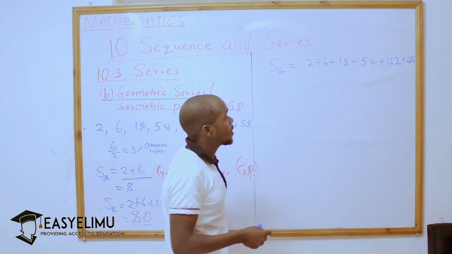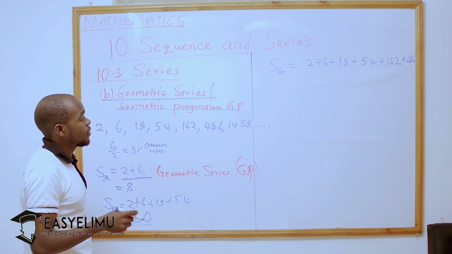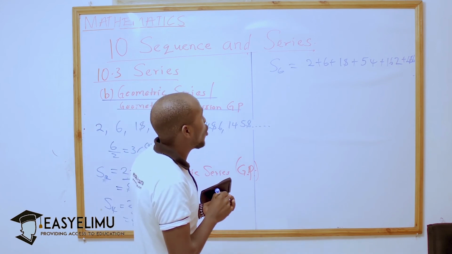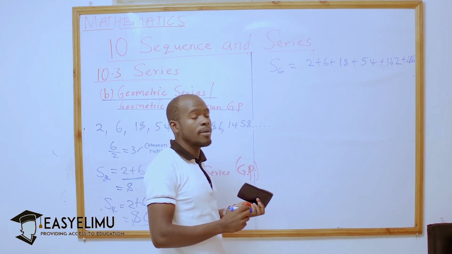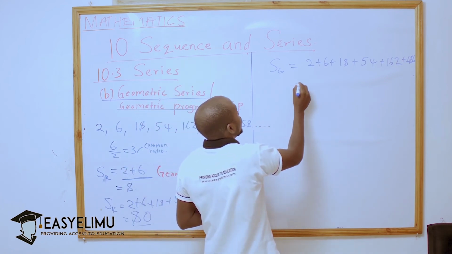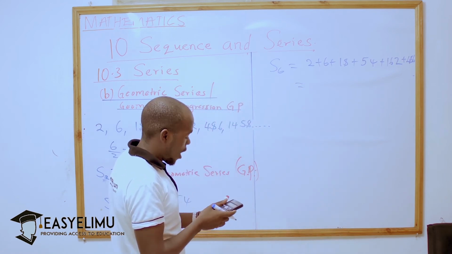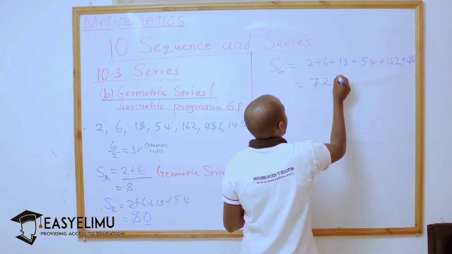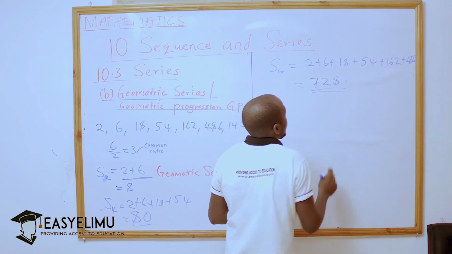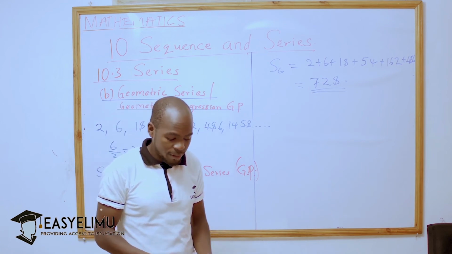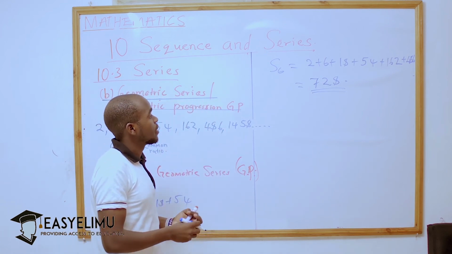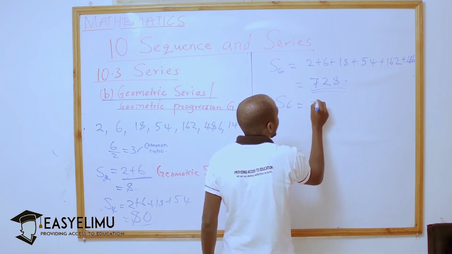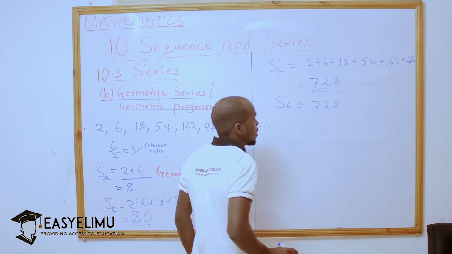If you sum those 6 terms from a geometric sequence, they will give you a geometric series of 6 terms, and that sum is 728. So S6 is equal to 728.